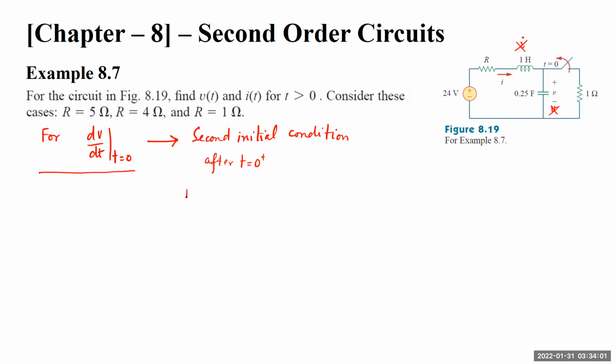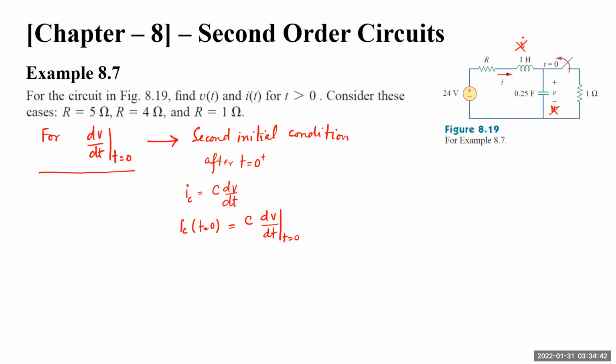But the current through the capacitor will change instantaneously, and that is given as C times dV by dt. So if we have IC at t equals 0, we can find C dV by dt at time t equals 0 by using this. We know that the inductor will not allow the current in the circuit to change instantaneously, and the capacitor will not allow the voltage to change instantaneously.